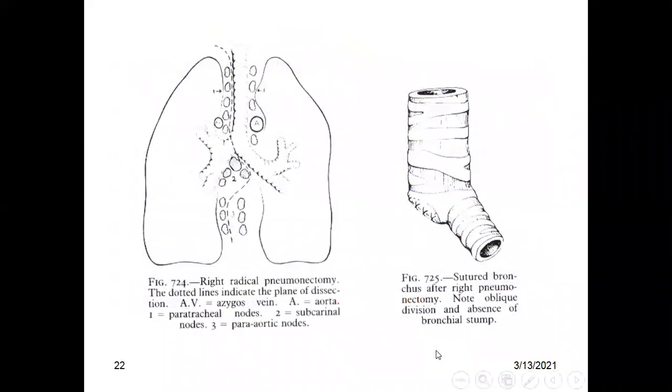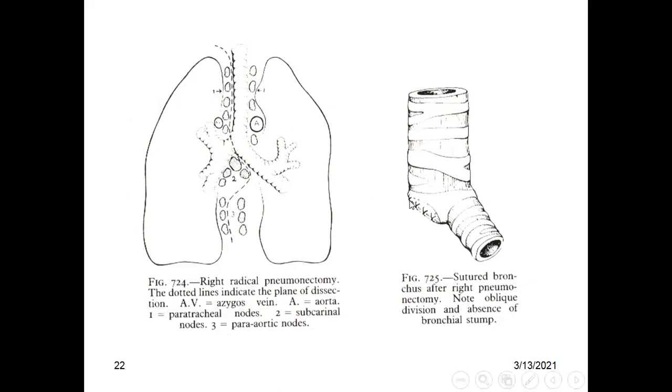So in this picture, you can see a diagram of radical pneumonectomy, in which the right lung is removed along with the ipsilateral mediastinal lymph nodes in an en-bloc resection. That's why it's called radical pneumonectomy.